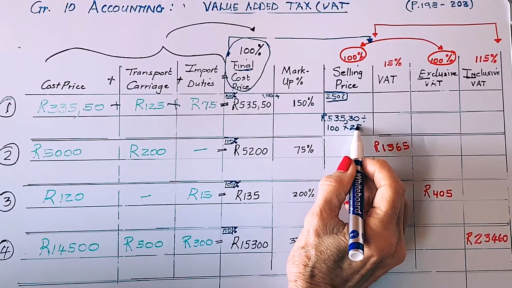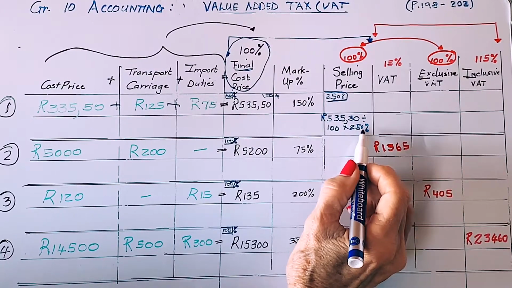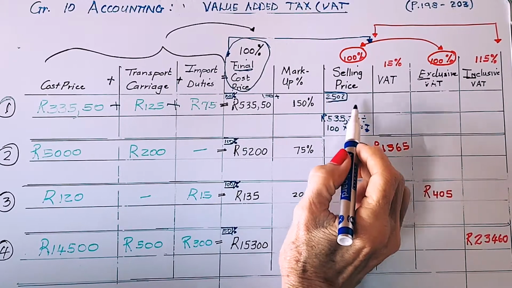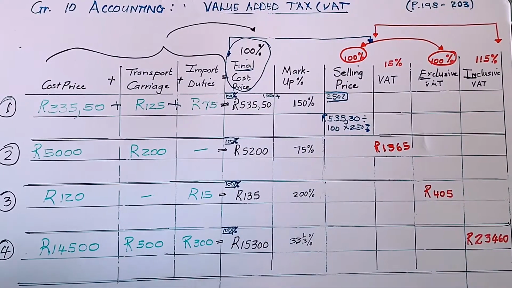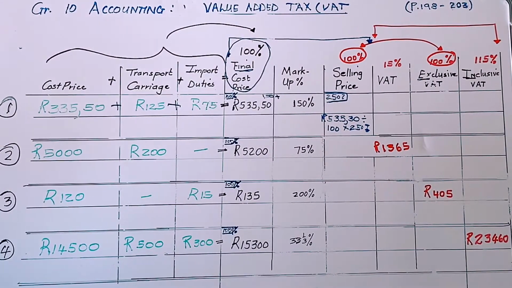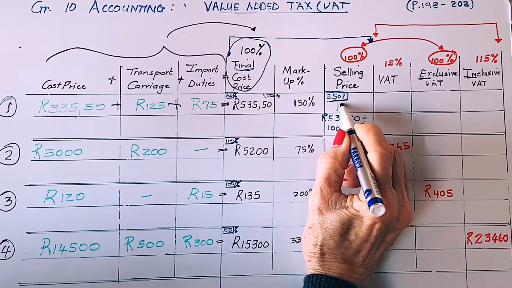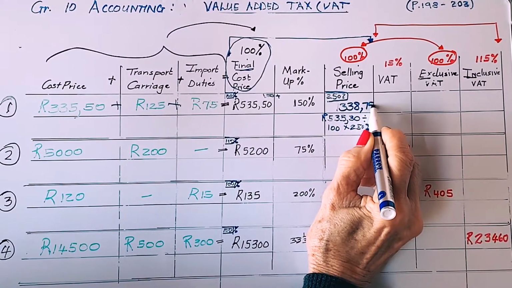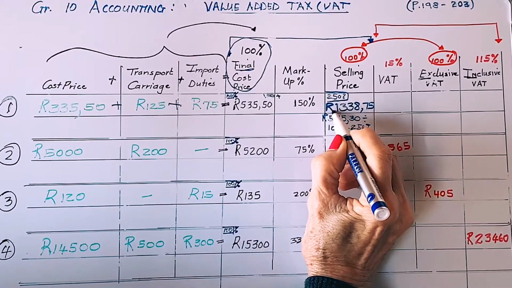So I times with 250 to be able to get the amount of the selling price. And if you do that, that amount will be R1338.75.